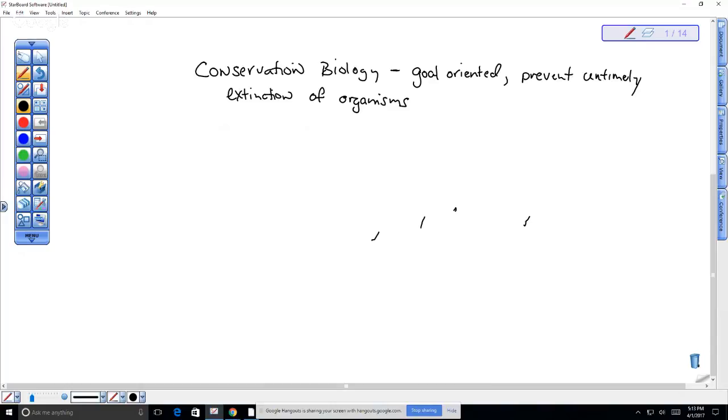For example, if you think about the rainforest, it's so diverse, we don't even know what organisms live in it. There's lots of species that are yet to have been discovered and named in the rainforest, but yet we're still cutting it down for agriculture, for example, palm oil. And that is leading to the untimely extinction of those organisms.